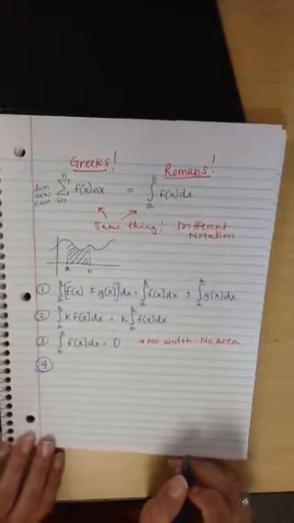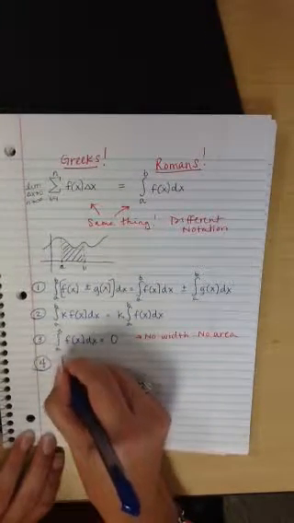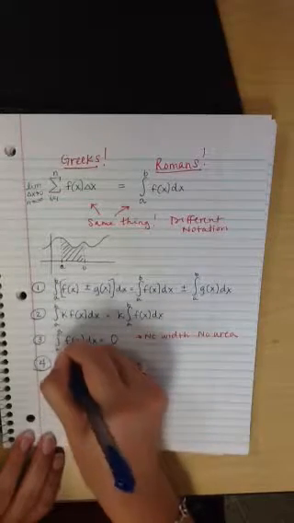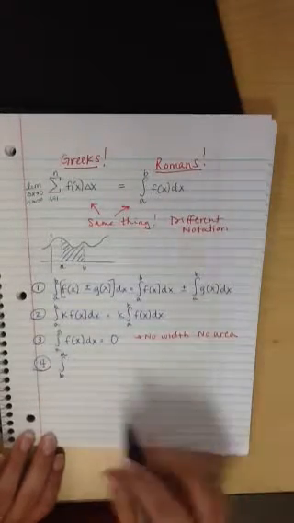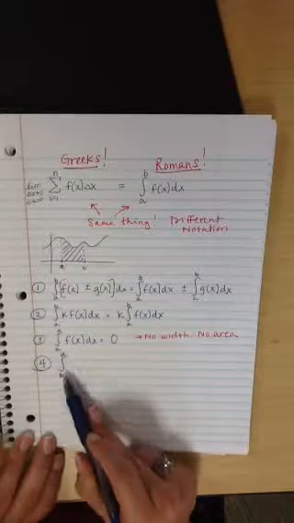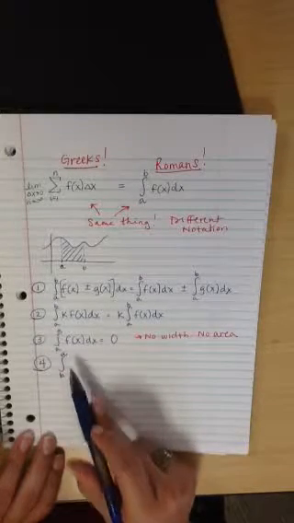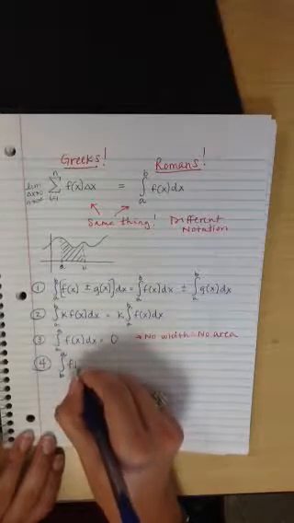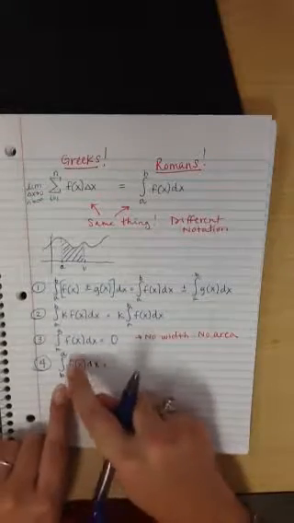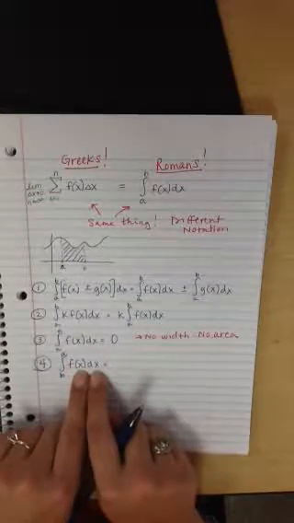All right, number 4. I'm putting B on the bottom and A on the top of f of x dx.